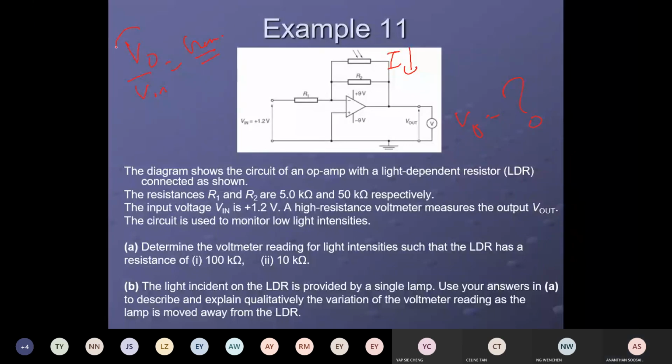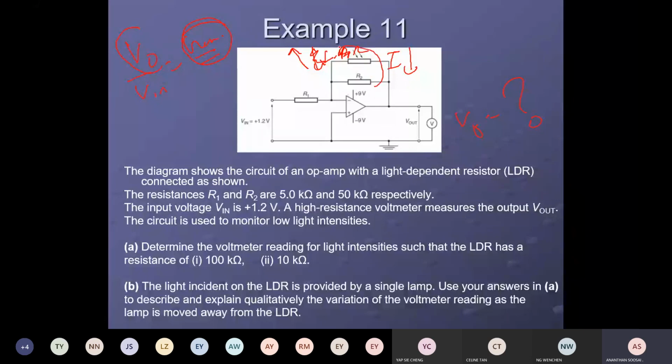So what happens to the gain? When the intensity drops, the resistance of the LDR rises.